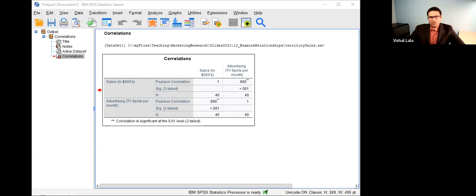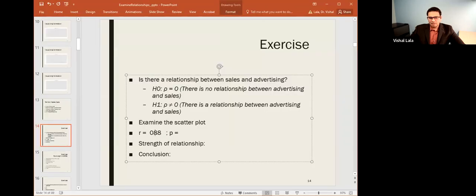Okay, so let's go back to our slide. Our correlation is 0.88, and our p-value is less than 0.05. Less than 0.001 is definitely less than 0.05. I'm going to compare to 0.05 because that's our alpha level we set before the fact. So it's safe to rule out H0.